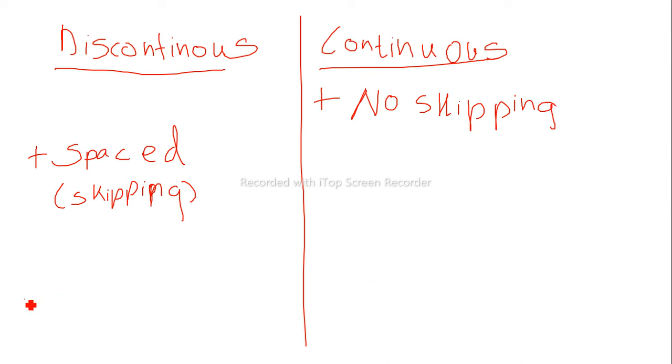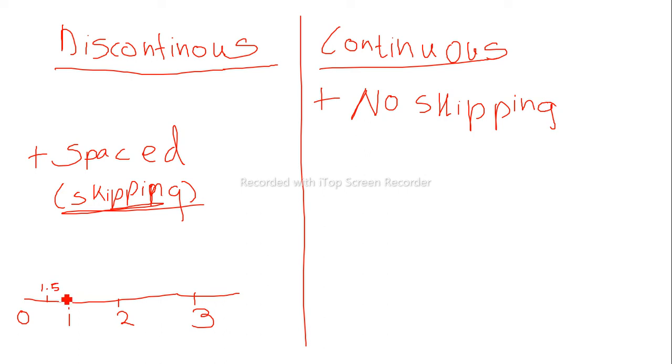And so, for example, here, discontinuous would be like 0, 1, 2, and 3, right? And the reason why this is discontinuous is because we skipped, right? Between 0 and 1, we didn't mention 1.5, right?